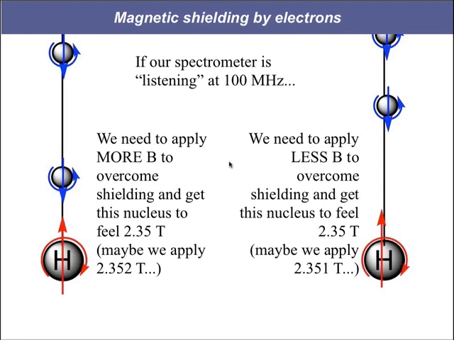You can either listen at a single frequency and then scan across different magnetic field strengths and look for where you get resonance, or you can apply a single magnetic field and then apply a bunch of different pulses and listen at what comes back. Listen for what radio frequencies are absorbed and then re-emitted. Two different ways to perform an experiment like that.